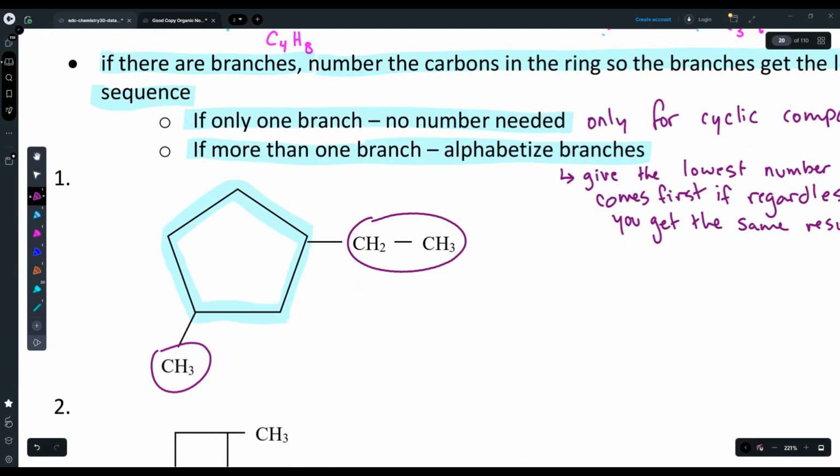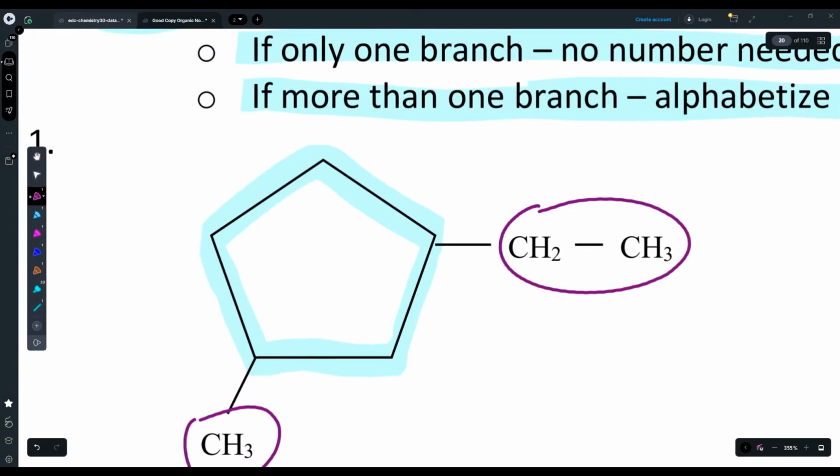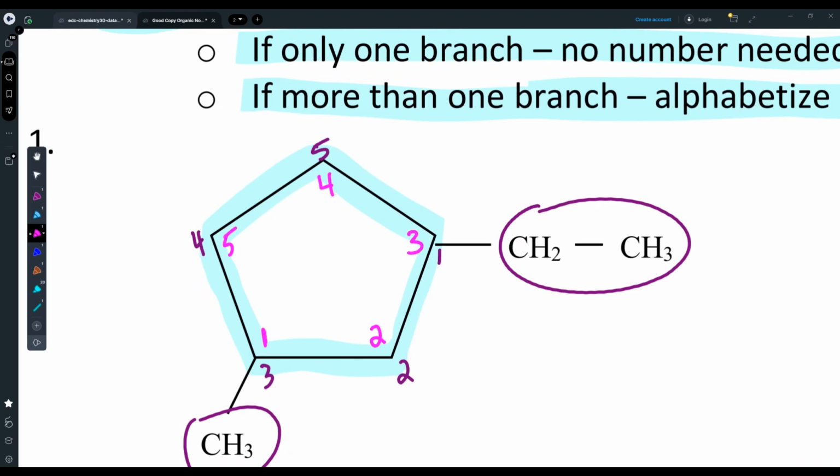We know we have to list our branches in alphabetical order, and if I number these carbons, making sure we're using our lowest numbers, I'm going to start here, 1, 2, 3, 4, 5, or alternatively, you could go this way, 1, 2, 3, 4, 5.